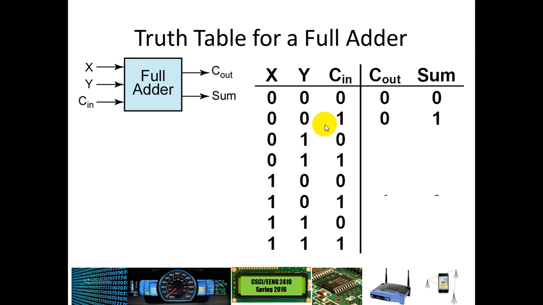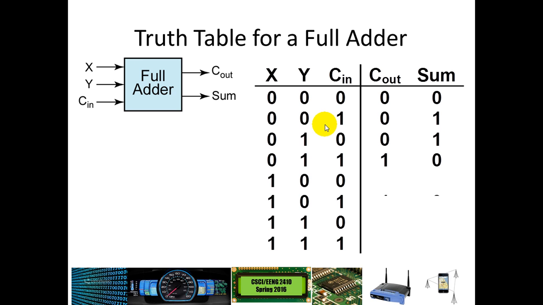And so if we keep going, 0 plus 1 plus 0 gives us a sum of 1, same output, no carry. And then 0 plus 1 plus 1. Now our total is 2, so in this case we're going to write a 0 for our sum bit, and then a 1 for our carry out. So we're writing this where sum is going to be the least significant bit of our total, and C out is going to be the most significant bit.